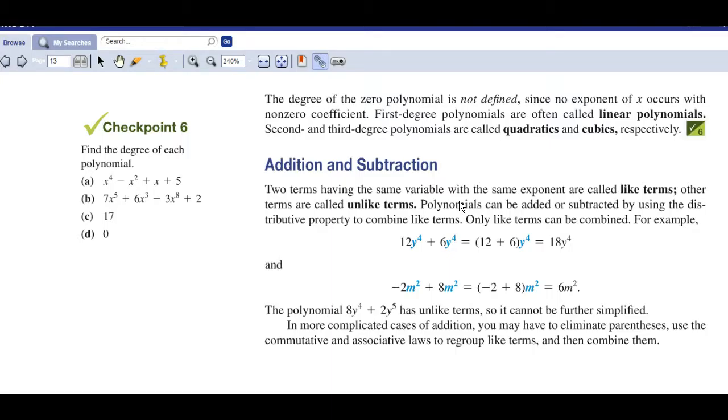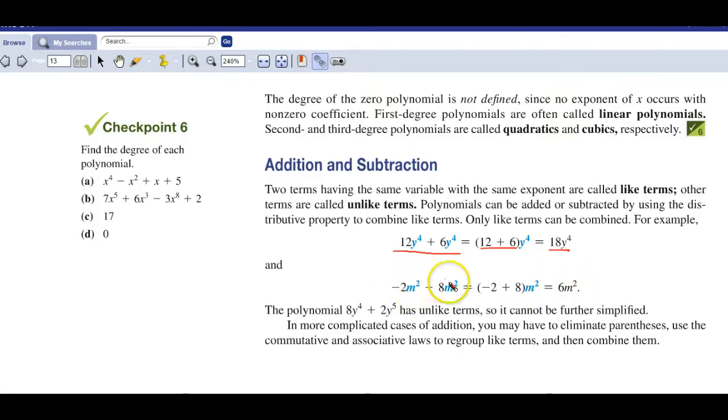And if they're not like terms, you cannot add or subtract them. So what are they talking about? Well, over here we have y to the fourth, y to the fourth. So these are like terms. In a sense, we could factor out the y to the fourth from each of these, and we just add our numerical coefficients, and that gives me the answer.